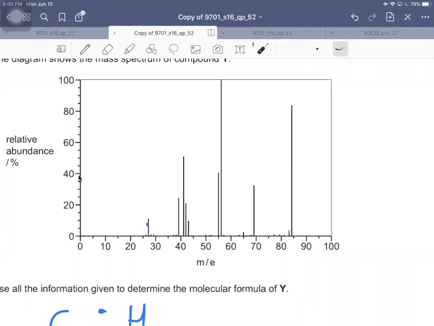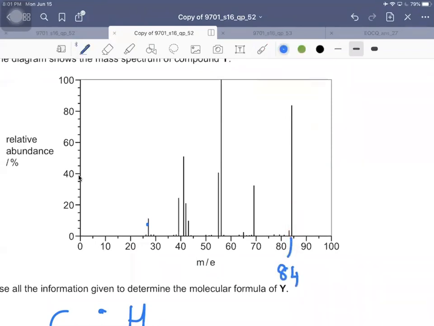If you look at the x-axis, the biggest mass here is this one. The biggest as in the highest mass, not the highest peak. I'm not interested in the highest peak. I'm only interested in the highest mass, which is somewhere there, and it turns out that value is 84.